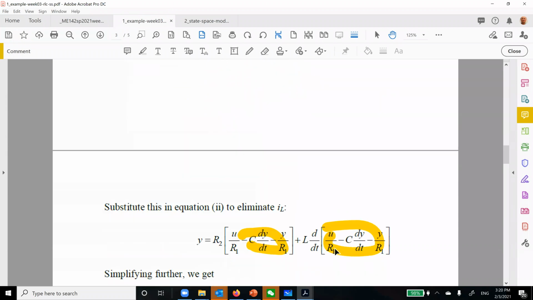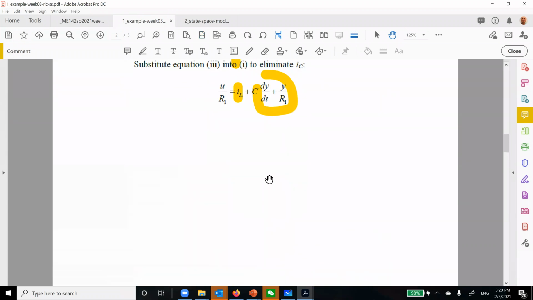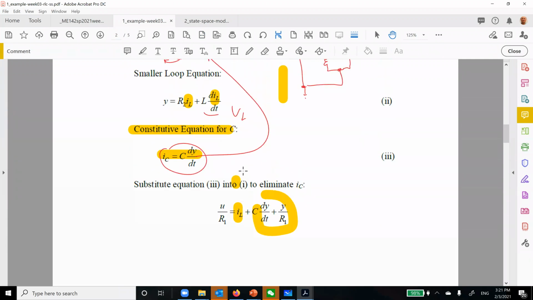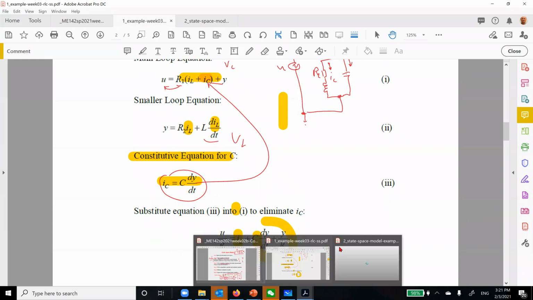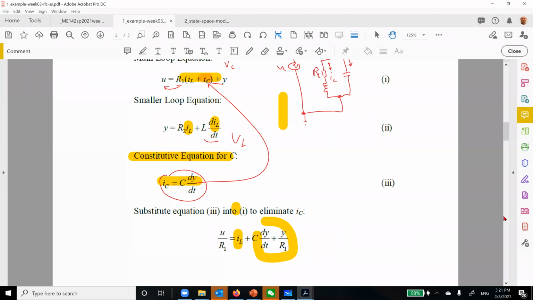Then after that, you can put this into IL. So you have IL here. You can solve for IL, then you put this IL inside here and here.